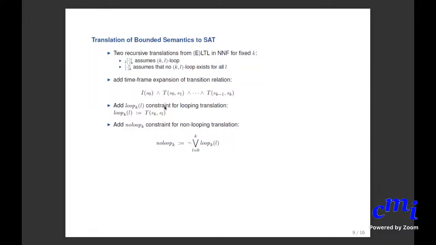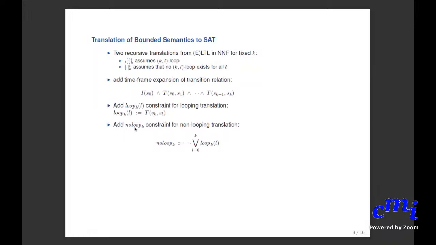That is, the K-successor of SK, the last state in the K-long prefix, loops back into the state indexed at L. And that's what this loop K of L satisfies. Now, add that there is a K to L lasso in that K-long prefix.